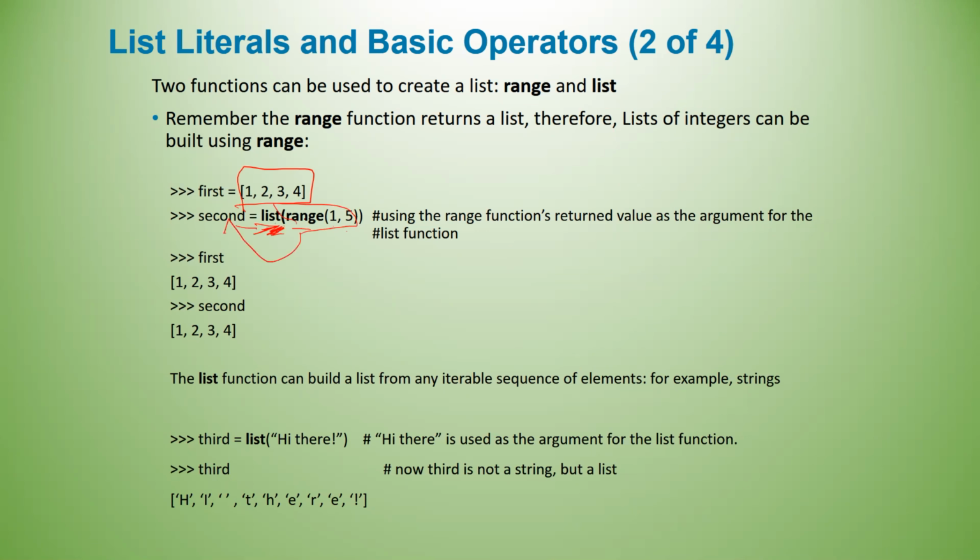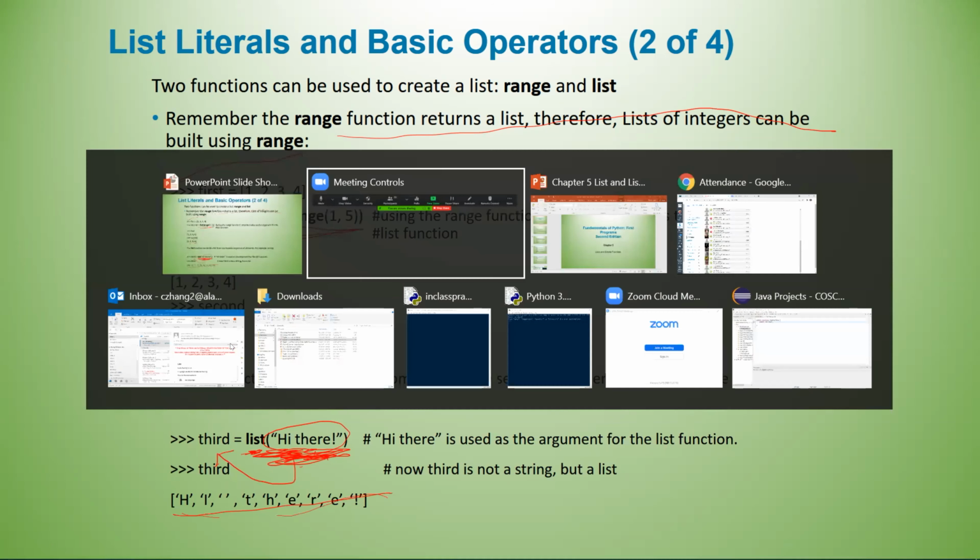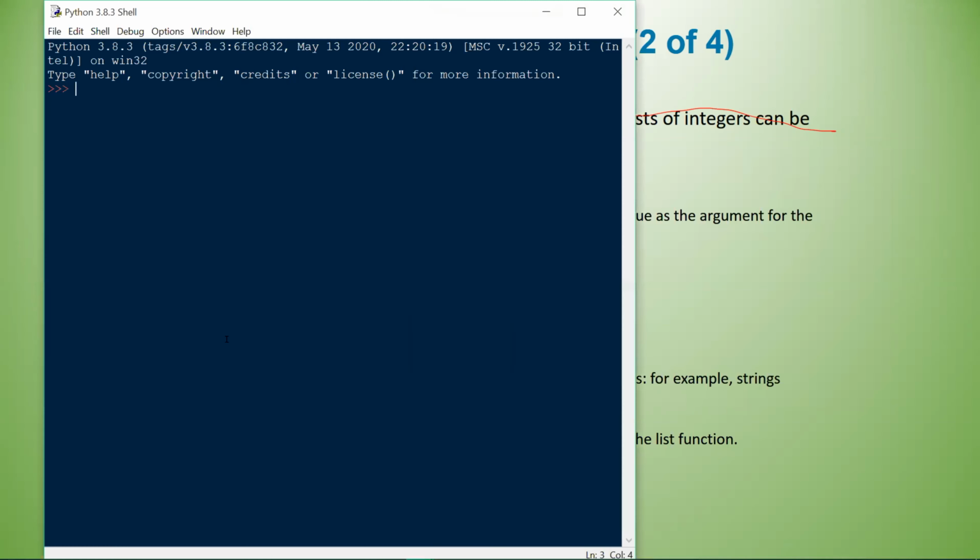So now it's a list, of course, and you are assigning it to third, right? So when you say third, here is a list, and when you say second, that's a list. That's how you create a list, okay, everybody? Let's do some examples. If you say first is equal to 3, 2, right? That's a list.